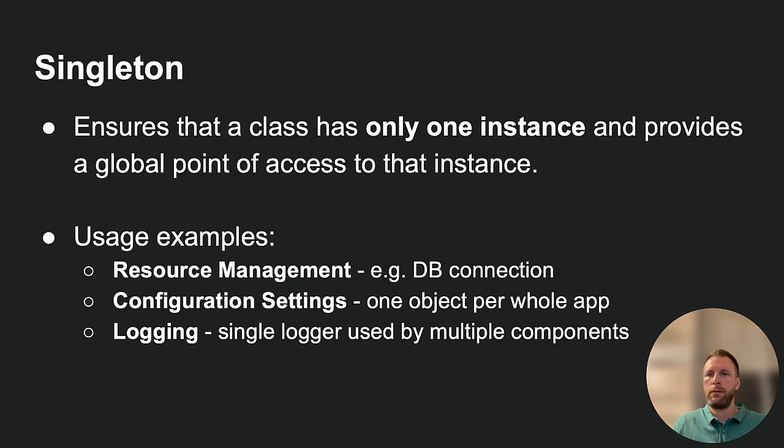Or configuration settings, where we have only one object per whole application, where we can access the configuration values of the application. And, for example, logging: a single logger instance used by multiple components of the application.